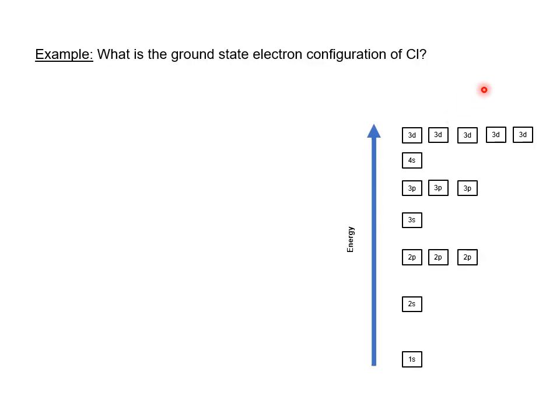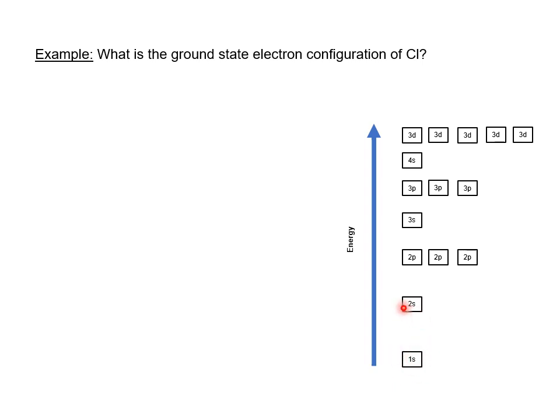So let's go ahead and write the ground state electron configuration for chlorine. On the periodic table, chlorine is number 17, which means that it has 17 electrons. When we start filling in the orbitals for chlorine, we begin with the 1s. We put 2 electrons in the 1s.